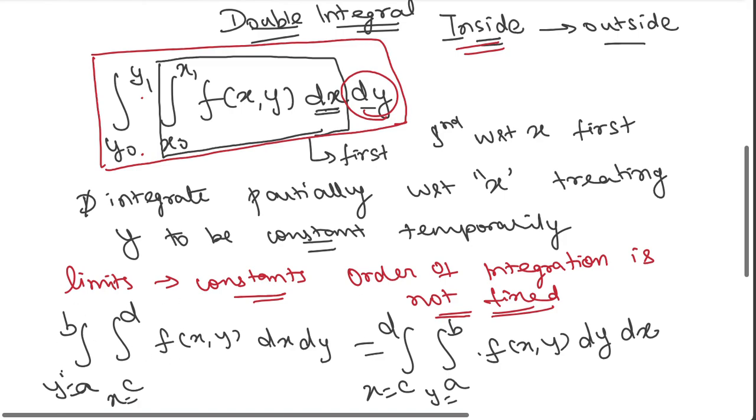So whenever we have constant limits, a, b, c and d, they are not going to affect the order of integration, which means whether you integrate first with respect to x and then with respect to y, or first with respect to y and then with respect to x, they will be giving you the same answer.